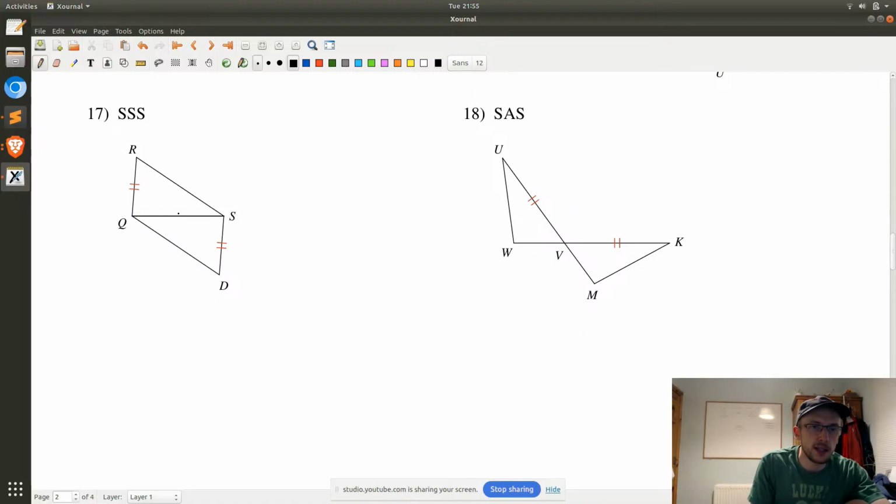For the side-side-side congruence theorem to hold, I would simply have to know that side RS is congruent to side QD. For the side angle side theorem to hold, I already know that these are congruent angles as they're vertically opposite. So I would have to know that side WV is congruent to side VM. And we check. And that's correct, and that's good.